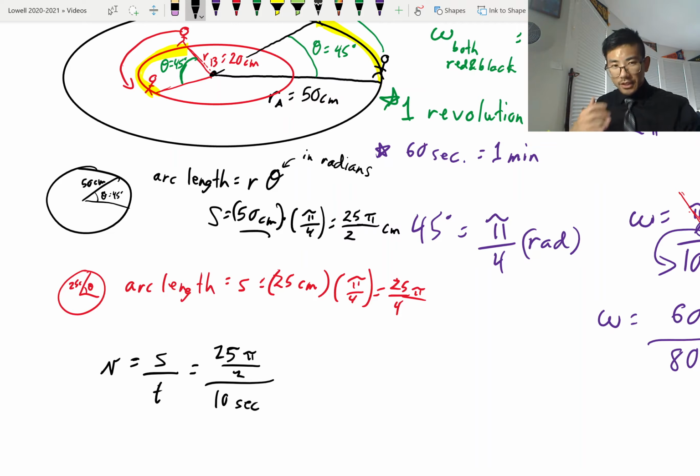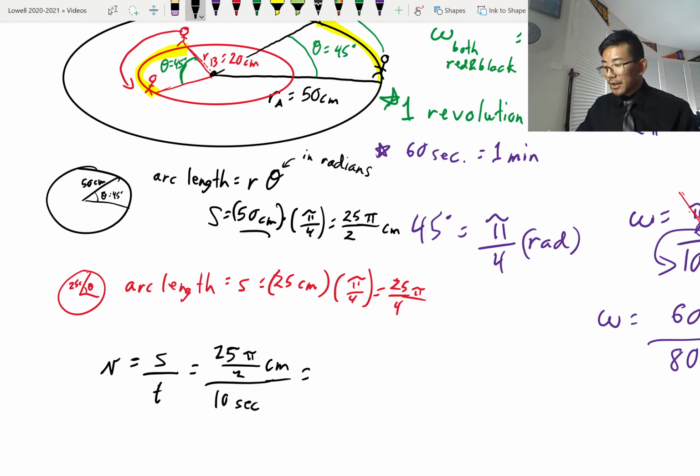There's an explanation as to why you just ignore the units for radians: it's actually a ratio, in which case you divide the units out, and we just call the result a radian. If you want to do some more research, I totally welcome you to. But I'm going to ask your forgiveness in the hand waving, which I don't usually like to do. But in this case, we'll just have centimeters right there.